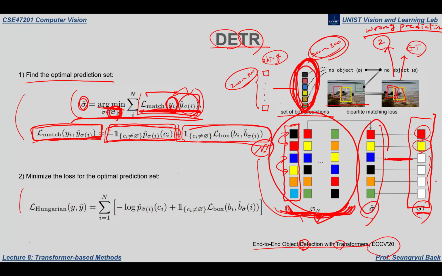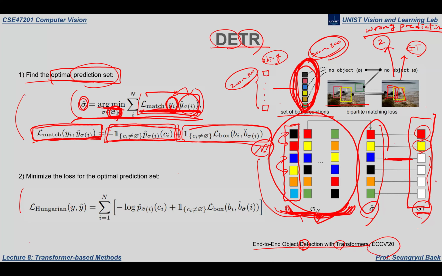And they first find the optimal prediction set. I mean, there's no order in the initial prediction. Seeing only this, without visualizing it in the image space, we cannot match this response to the ground truth well.